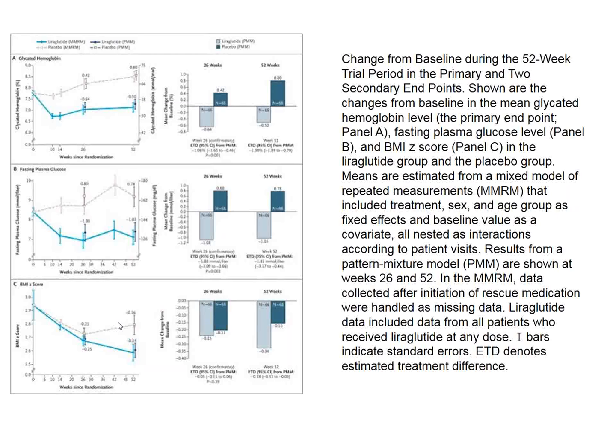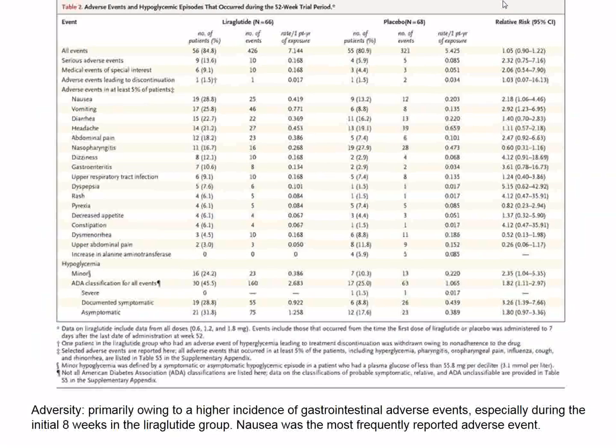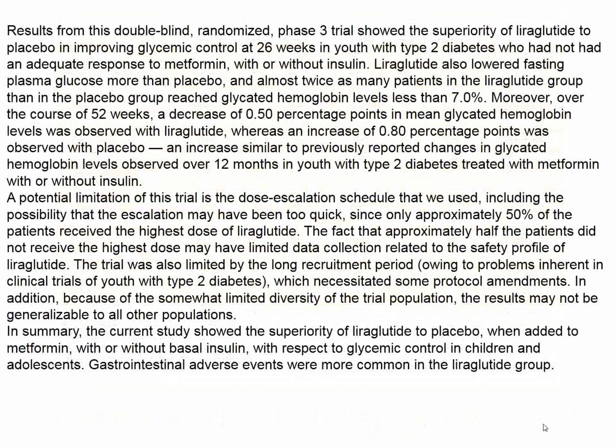But things have to be tested in children, and these children have a BMI of 34, pretty awful, but liraglutide also works in children, and they have the same side effects as adults. Nausea was the most frequently reported adverse event, which might also have contributed to the weight loss that we observed. So liraglutide could be given to children, and we would expect the same effects that we see in adult patients.